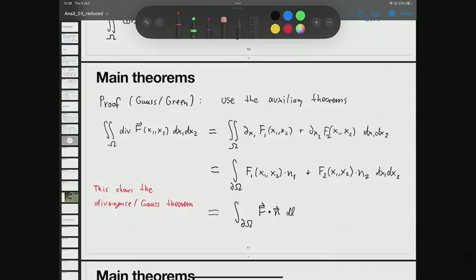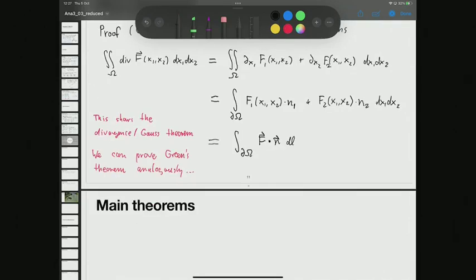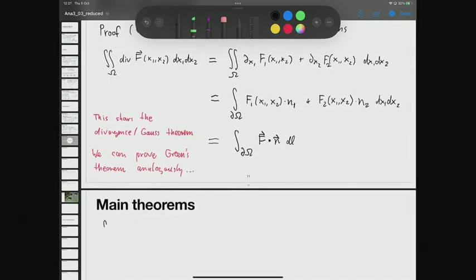We can prove Green's theorem completely analogously, just making a few technical changes. But I would like to actually show an interesting connection between the Gauss theorem and the Green theorem. Namely, if you take a look at the integral over omega of the curl of f, I could just do the same, very similar calculations now.